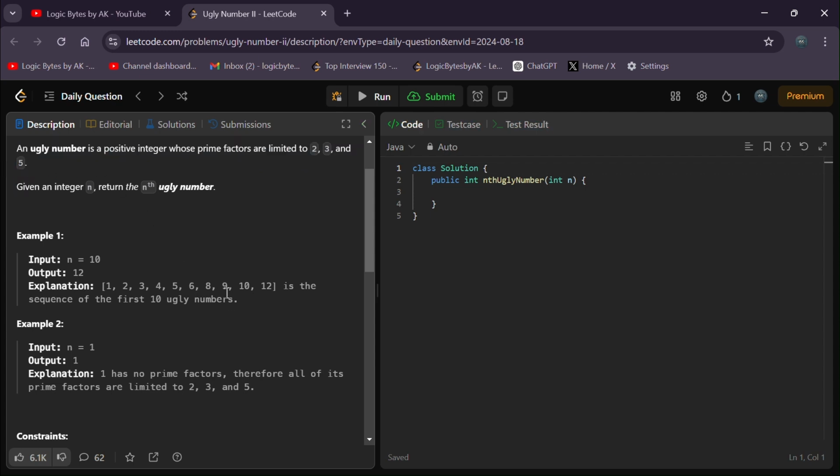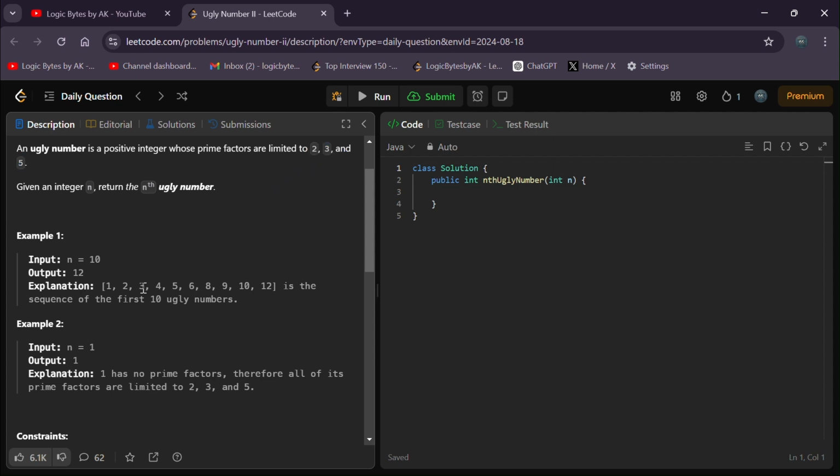So the next number is 8, whose prime factor is 2, and for 9 the prime factor is 3, for 10 the prime factors are 2 and 5, and for 12 the prime factors are 2 and 3, all limited to 2, 3, 5.